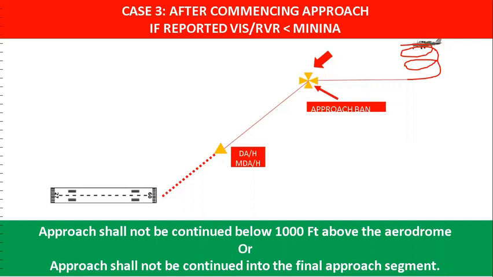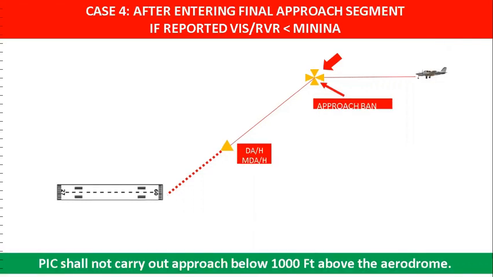So these will be the two points. Now case number 4: I have entered the final approach segment and thereafter reported visibility or RVR is less than the minima. So I will not descend below the approach ban point. So the approach ban point is 1000 feet above the aerodrome.